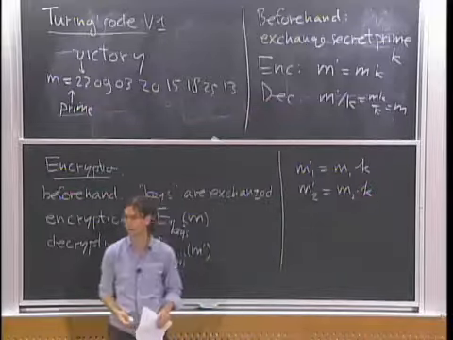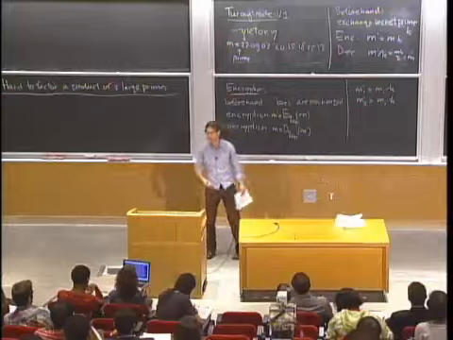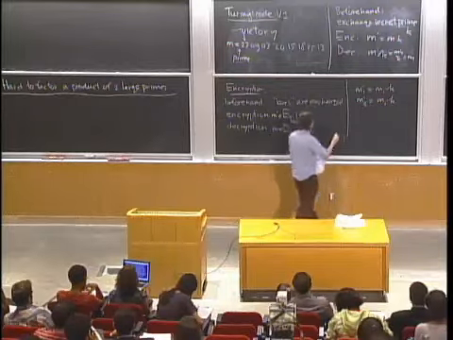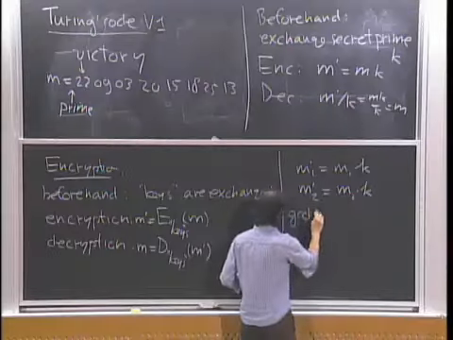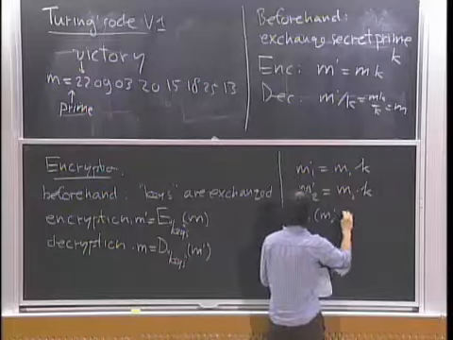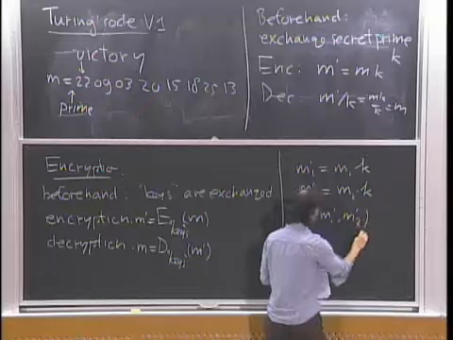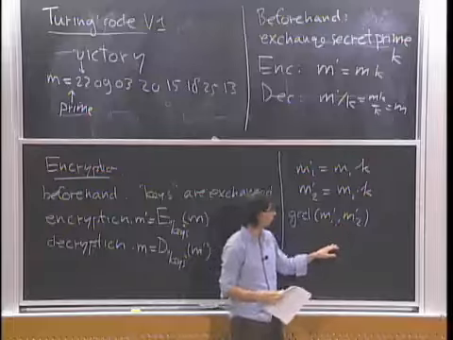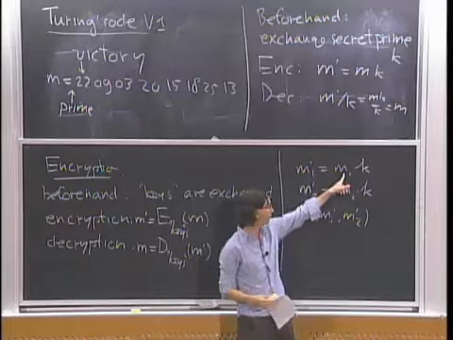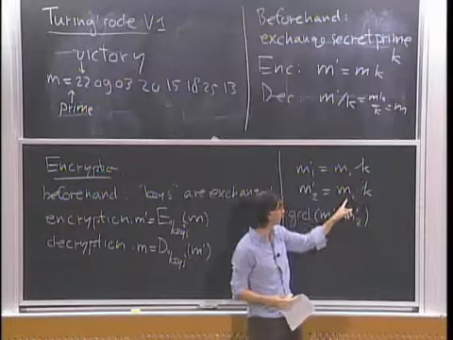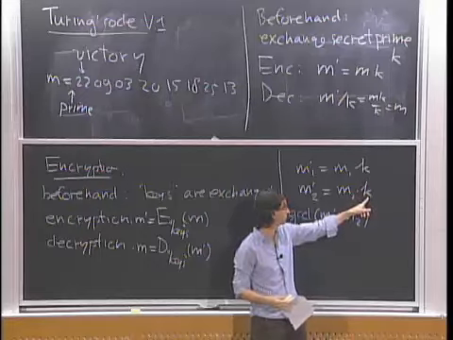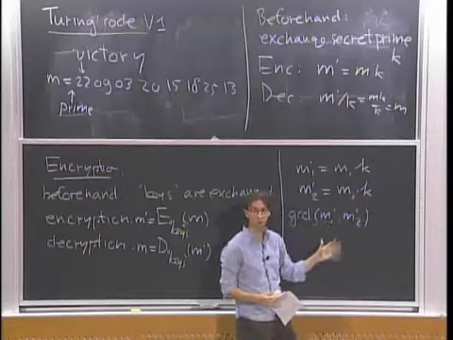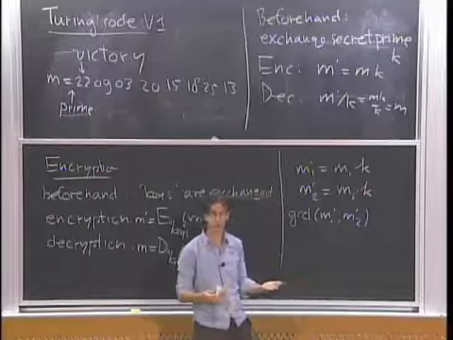Yeah, find the GCD. That would be really cool. Yeah, you could find the GCD of m1 prime and m2 prime. I've intercepted those two. Now m1 is a prime number, k is a prime number, m2 is a prime number, k is a prime number here also, right? So they are all relatively prime to one another.